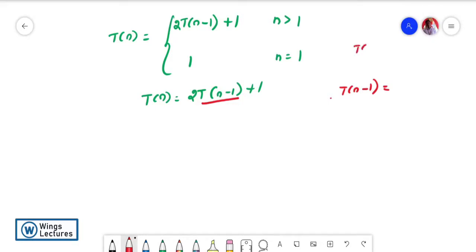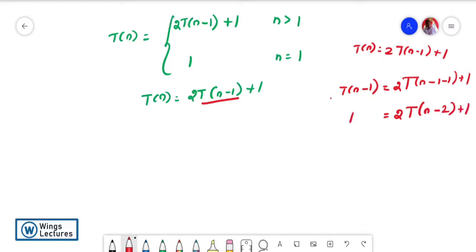So T of n is equal to 2 T of n minus 1 plus 1, right? So T of n minus 1 is going to be 2 T of n minus 2 plus 1. The T of n minus 1 value is going to be this. So I am going to apply this value in this place.